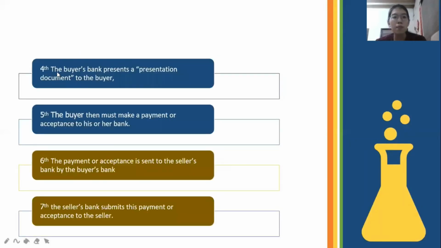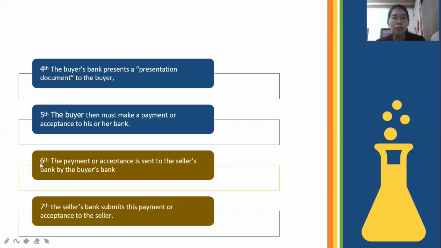The buyer's bank presents the presentation document to the buyer. Then step 5 is the buyer must make a payment or the acceptance to his or her bank, which means that the importer, the buyer, must make a payment to his bank.